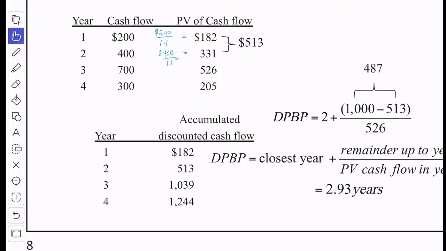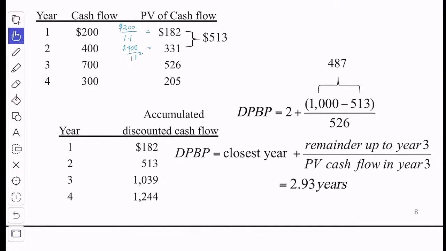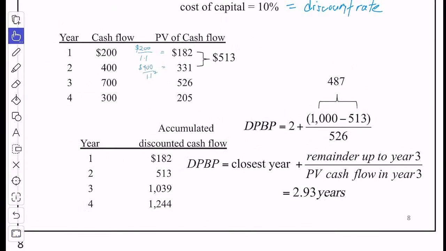Same rule. I'm going to go to the closest year, which is 2, and I'm going to add a portion of the third year that is a fraction created by what remains. So what remains is 1,000 minus 513, already recovered. So 487 in the numerator, and then 526, this number here, in the denominator.